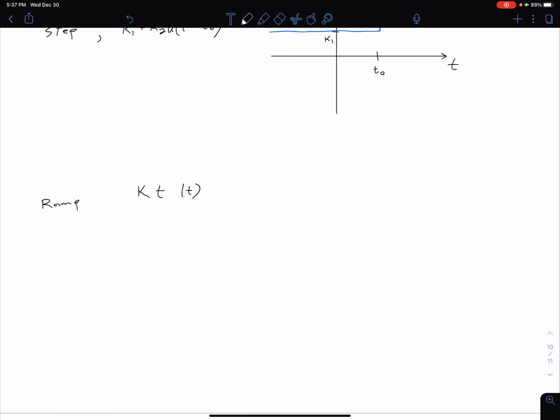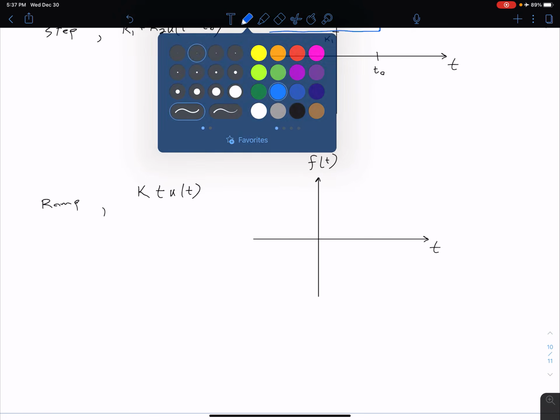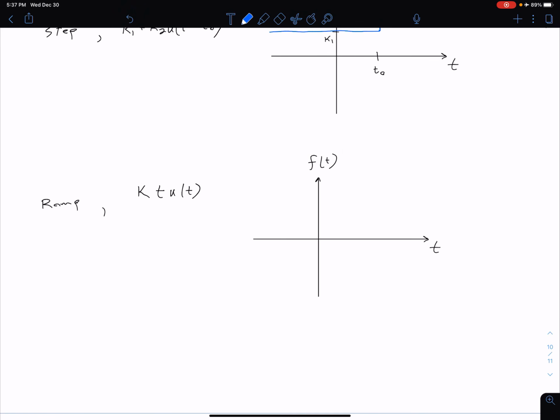Let me clean that u up a little so it actually looks something like a u. Okay, so we have something like that for our ramp function. If we were to plot this, again, it's only defined for t greater than 0, so we're just going to have some linear line with a slope k. And this is going to be used in steady state error modeling.